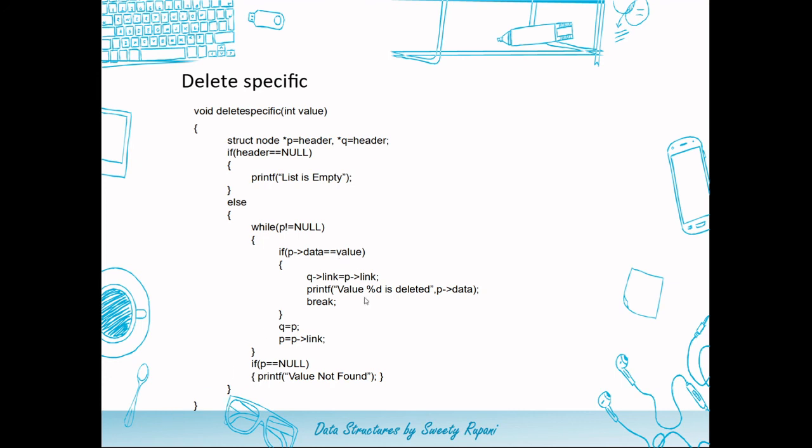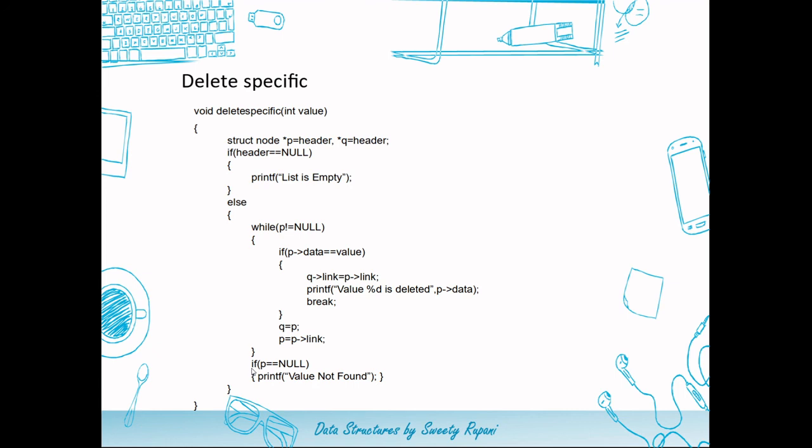Unless and until this desired condition is satisfied, you are going to shift your P pointer to point to the next node with this statement. Similarly, before we shift our P pointer, we have to copy that address in the Q pointer so that P will be moving ahead and Q will follow P.